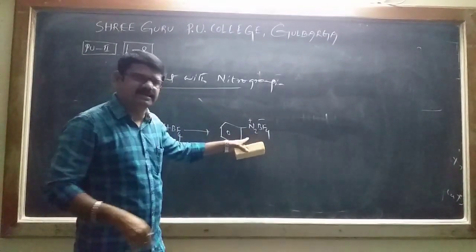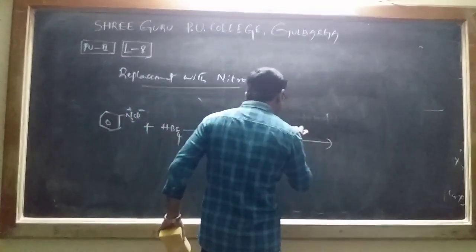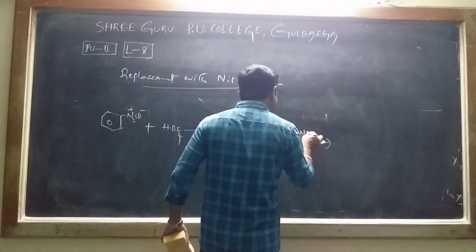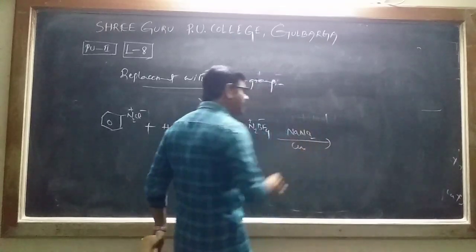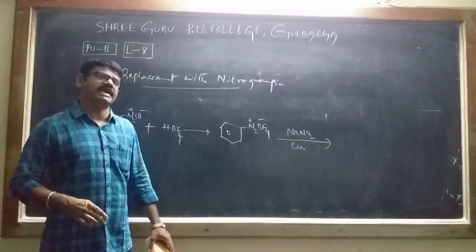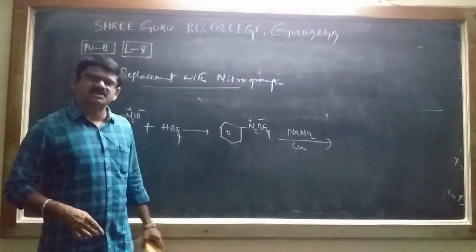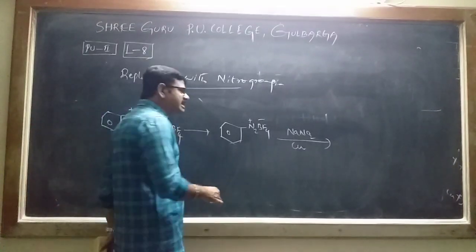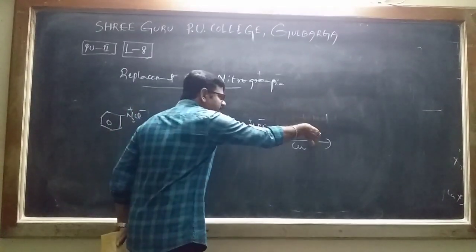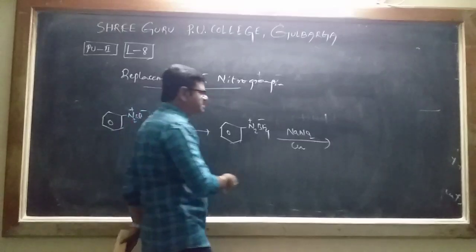Now we are not heating, we are reacting with sodium nitrite in the presence of copper metal. With the sodium nitrite, immediately the diazo group is removed and the NO2 group is substituting.